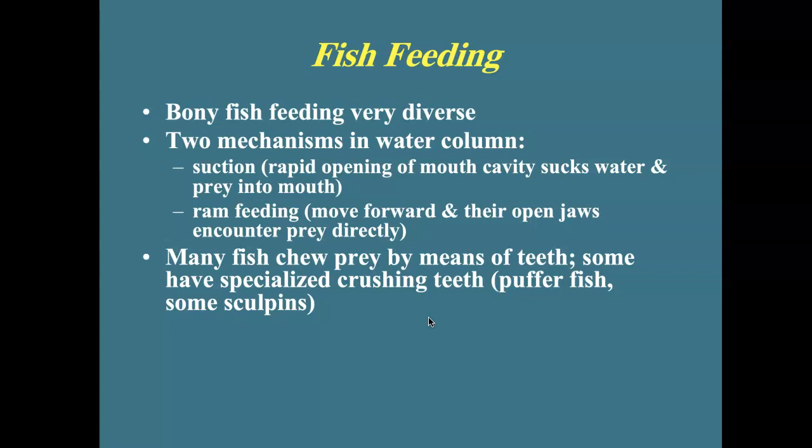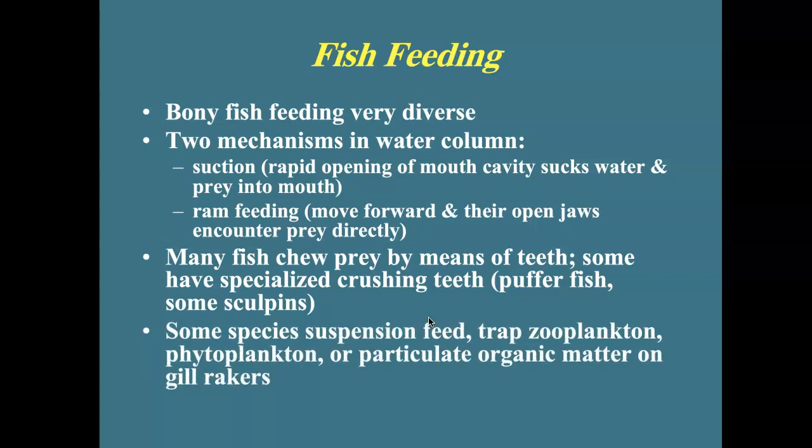So you may have more serrated teeth or teeth that are meant to puncture to grab onto their prey in your predatory fish that are feeding on other fish, or you can have some specialized crushing teeth, like you'll see in your pufferfish and sculpins, that are going to feed more on invertebrates, or on kelp and algae and things like that.